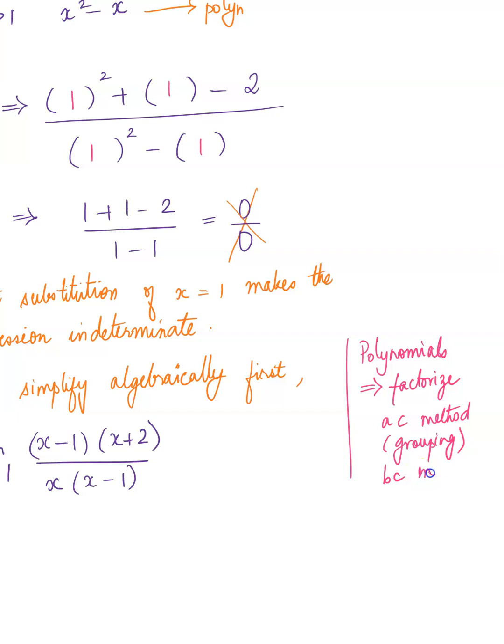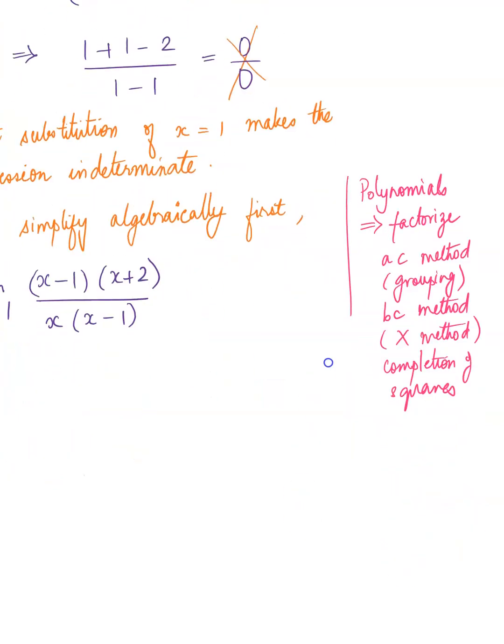For shortcut, sometimes we call it the BC method, which is basically your X method or the diamond method. Then we have completion of squares. That could help. Square root property. Then we have the quadratic formula itself.